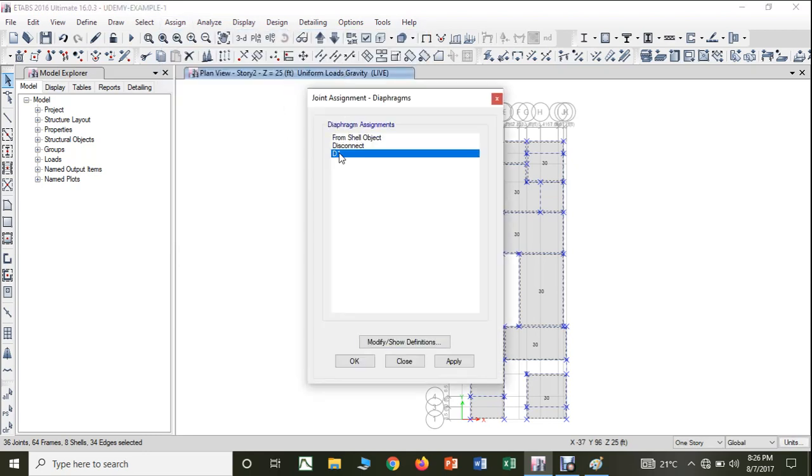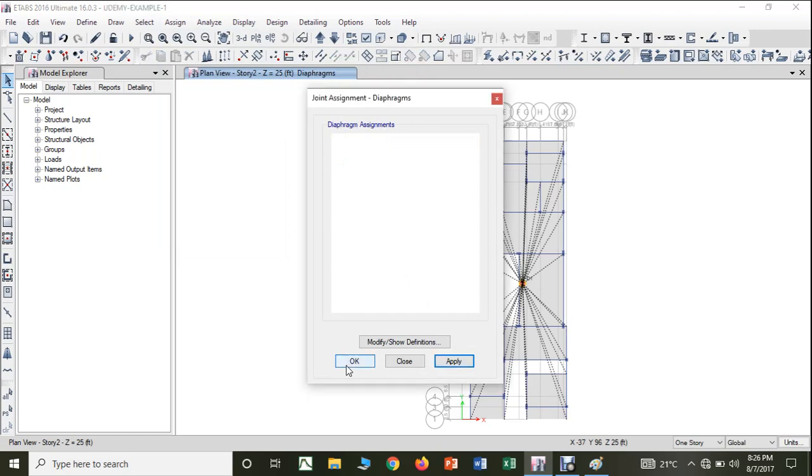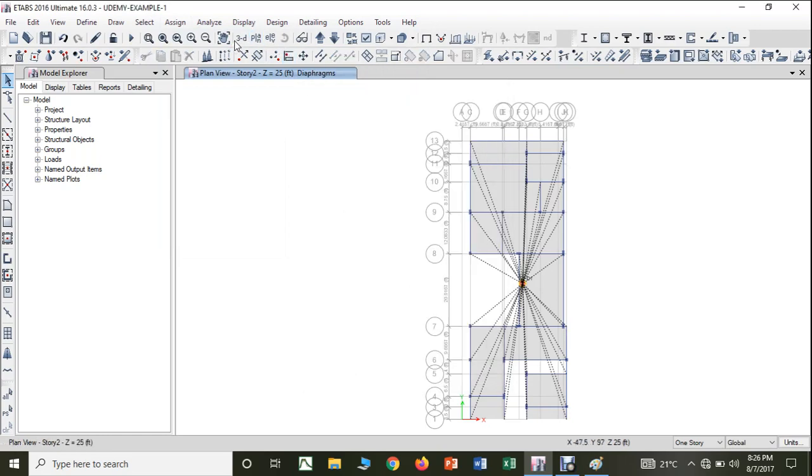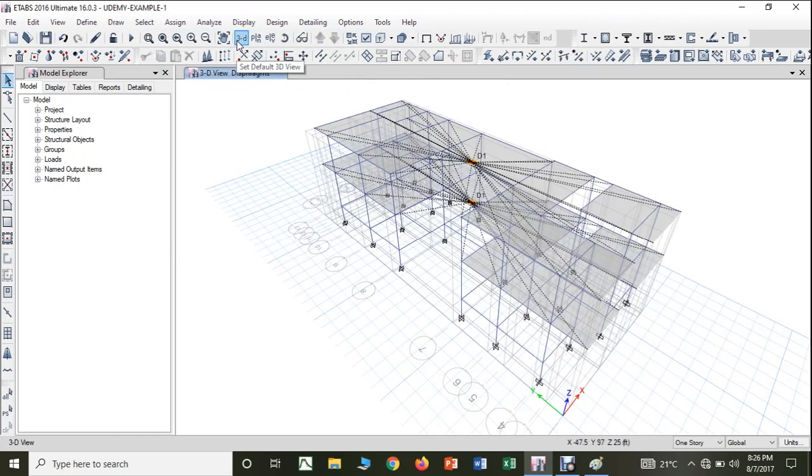So select D1, then you apply it. Okay. So therefore your diaphragm is also applied on the slabs. So once the diaphragm is applied, then you have to analyze the structure.